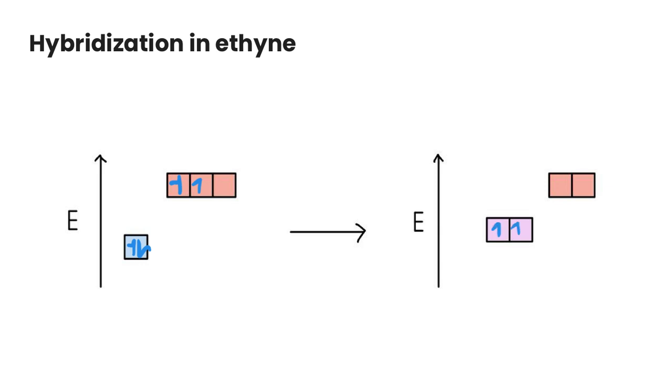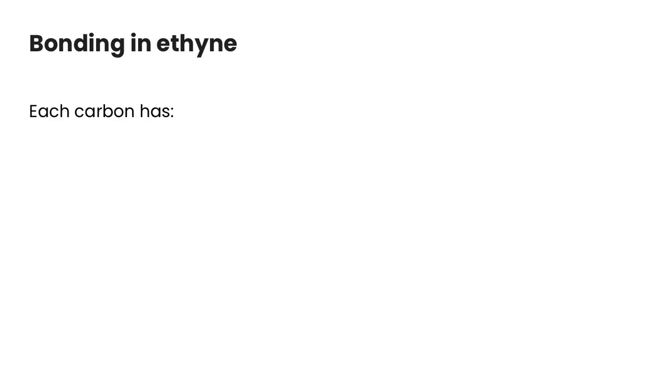So we're going to take an s and just 1 of the p's and hybridize them to make sp hybrid orbitals. And then we're going to leave 2 of the p's alone. So again, we have 1 electron in each, but this is going to help us create the sigma bonds and the pi bonds. So what does this look like in terms of bonding in ethyne?